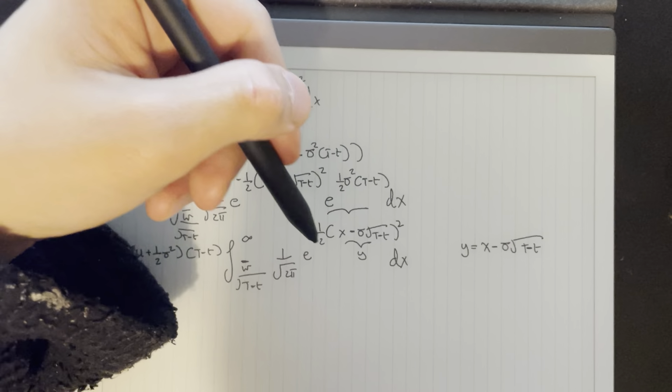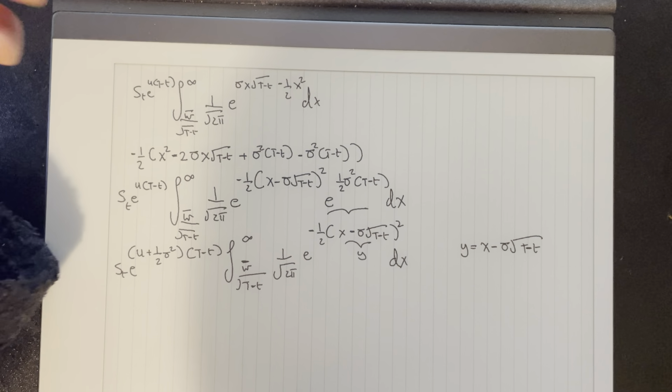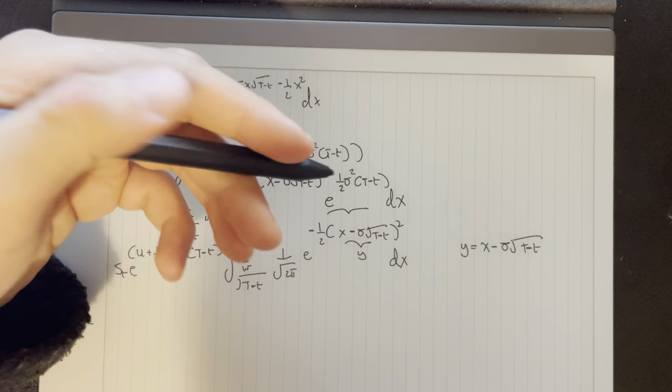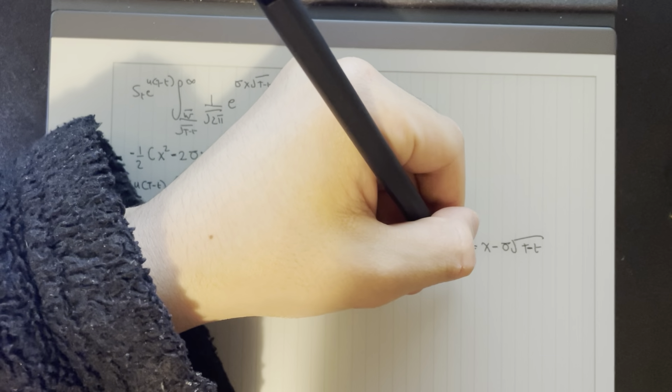And we don't have to divide by a volatility because the volatility, we've already established it to be 1 in the previous step.